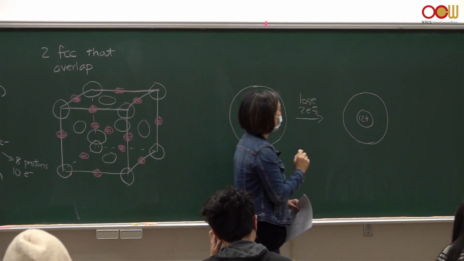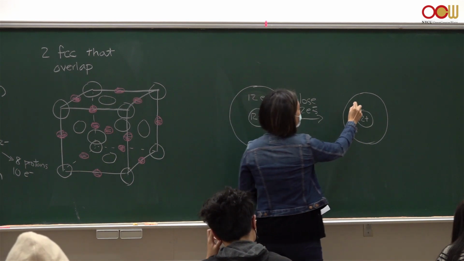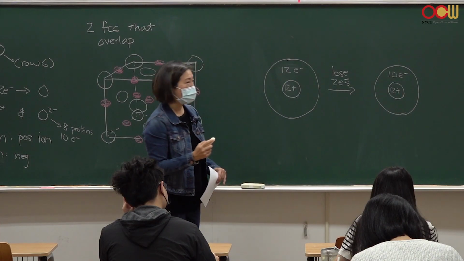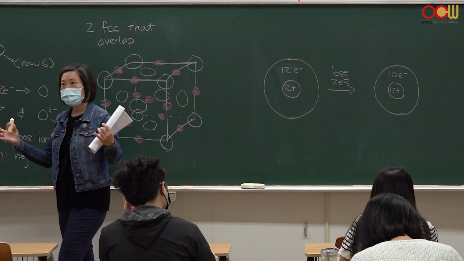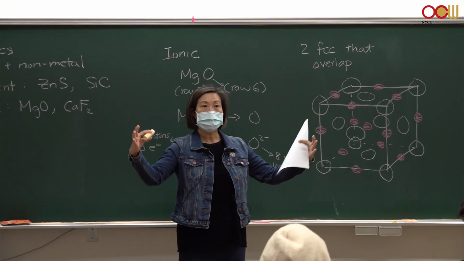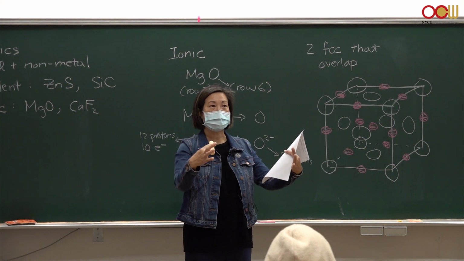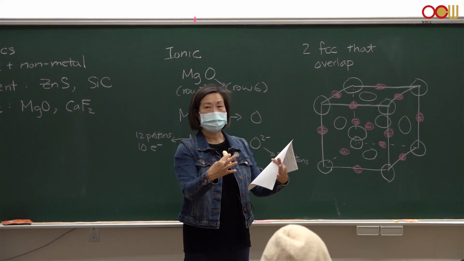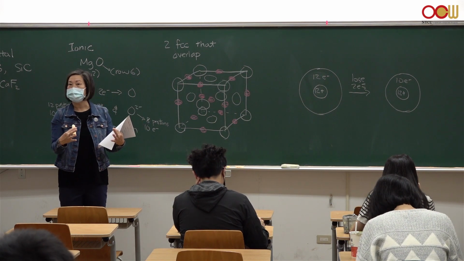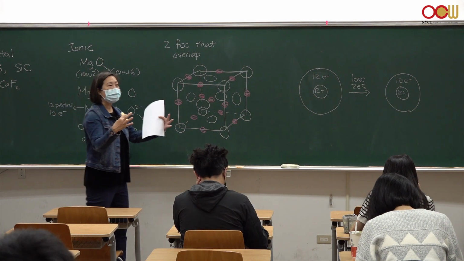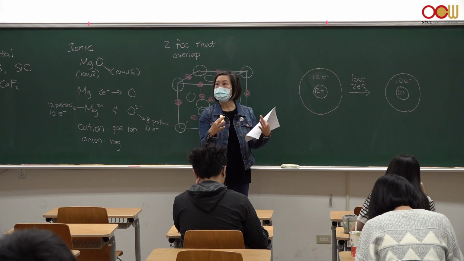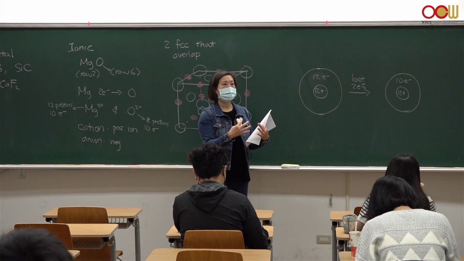You still have 12 protons, but now you have 10 electrons out here. And so you have a higher positive charge compared to the overall negative charge. So it's going to draw the electrons closer to itself. So that electron cloud actually gets drawn in more because there's more positive charge. So that atom actually shrinks, changes size, becomes smaller due to losing 2 electrons.